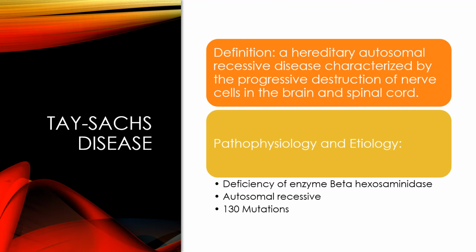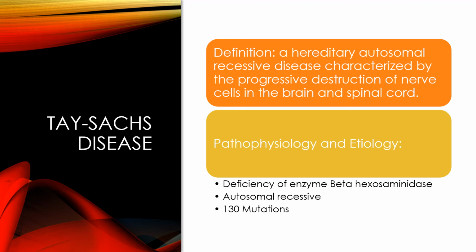Its pathophysiology, Tay-Sachs disease is caused by a deficiency of the enzyme beta-hexosaminidase, or Hex-A, which is responsible for GM2 ganglioside degradation.